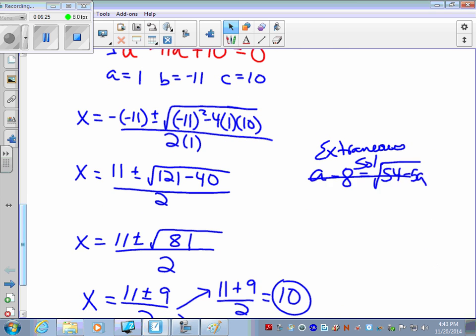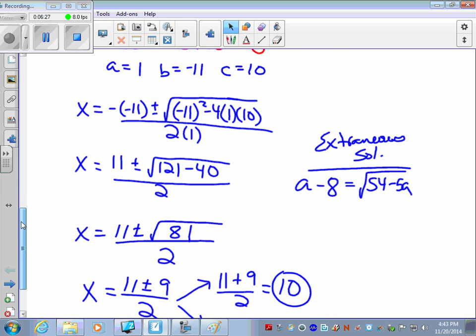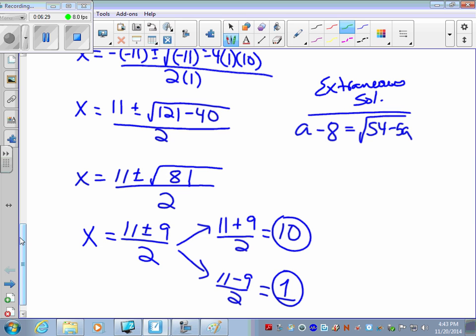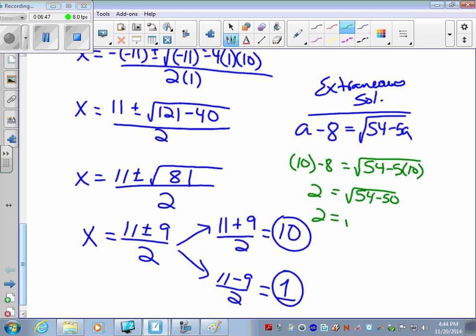So we have to substitute in 10 first. So 10 minus 8, and the square root of 54 minus 5 times 10. Left side I get 2. The right side you need to do a little bit more. We have 54 minus 50, which is 4. The square root of 4 is 2. Check. 10 is good. 10 is one of our solutions.